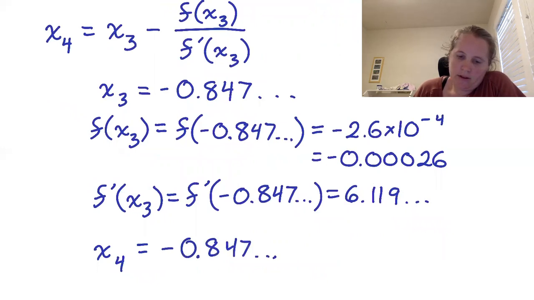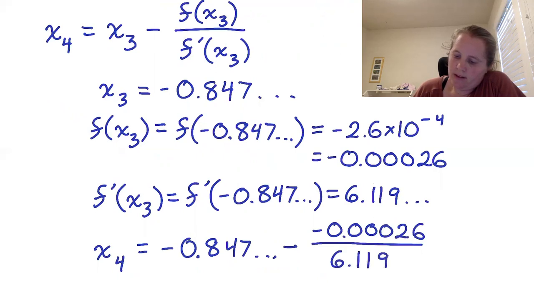So we have x4 is equal to negative 0.847 minus negative 0.00026 divided by 6.119.